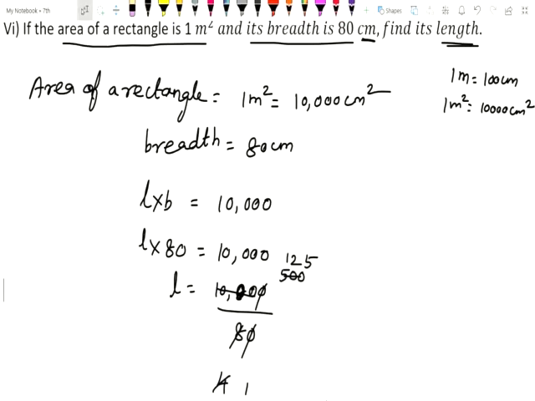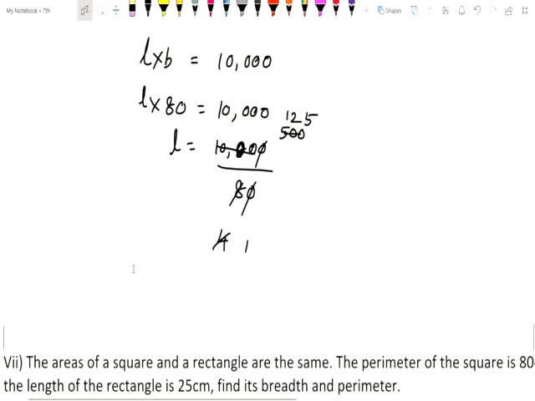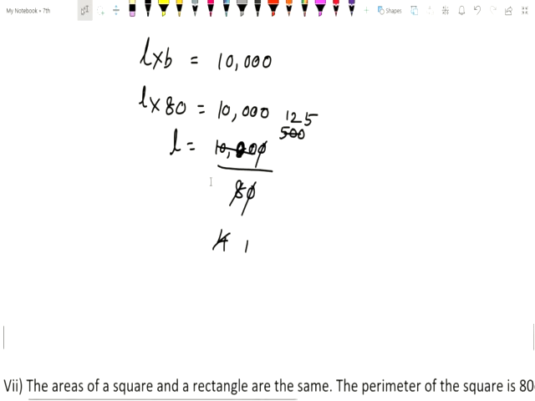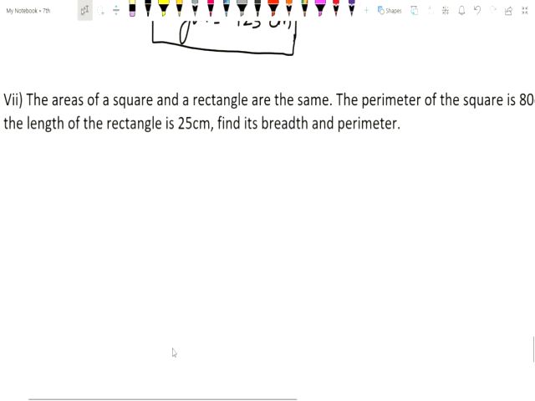So length equal to 125 centimeter. Length equal to 125 centimeter. Do you understand, children? See the next one.